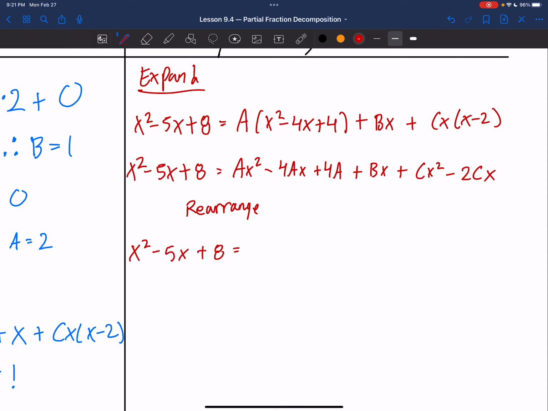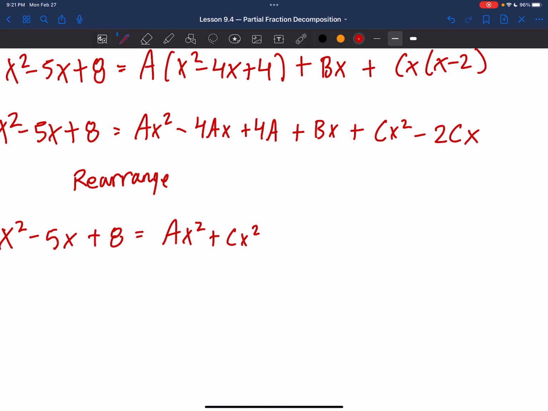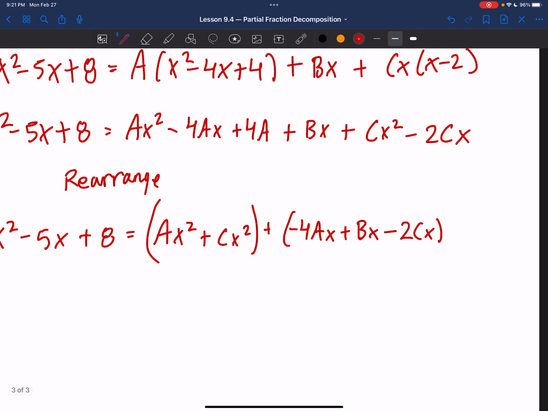Group all your x squareds: ax squared plus cx squared. That's your x squared term. Then plus negative 4ax plus bx minus 2cx. That's your linear term.